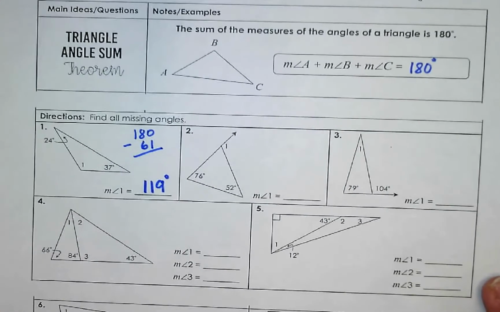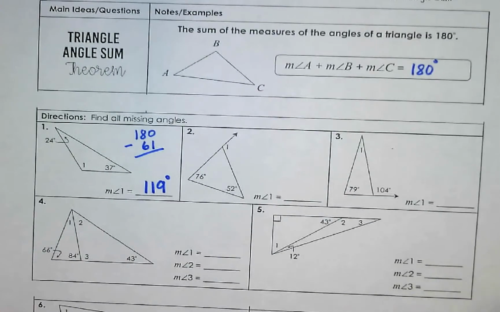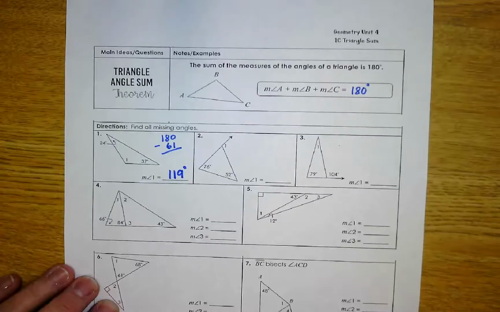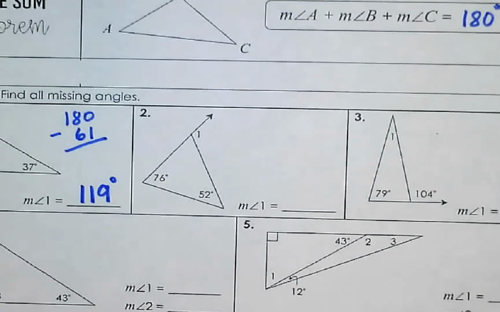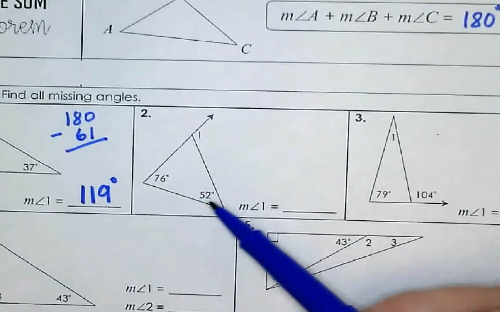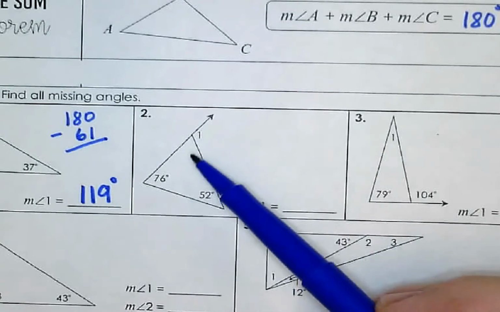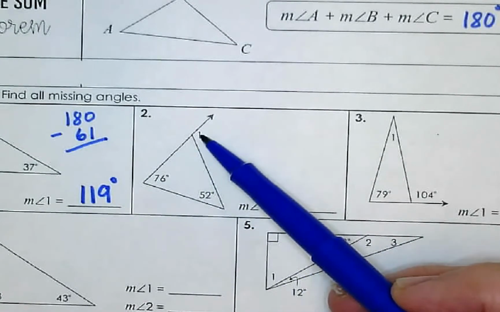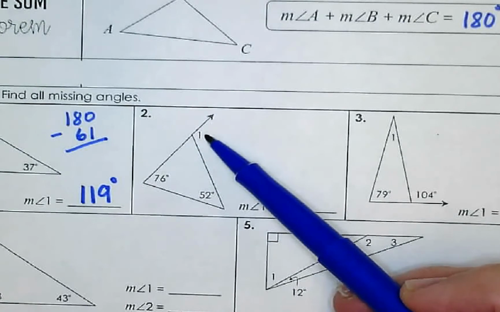Now throughout these we're still going to use not only this new idea that we got, but we also are going to use vertical angles, we're going to use linear pairs to help us find some of the missing angles. So let's go here to number 2. I have inside the triangle here two angles. So with triangle sum, I can find this one right here because I want to find angle 1, which is out here.